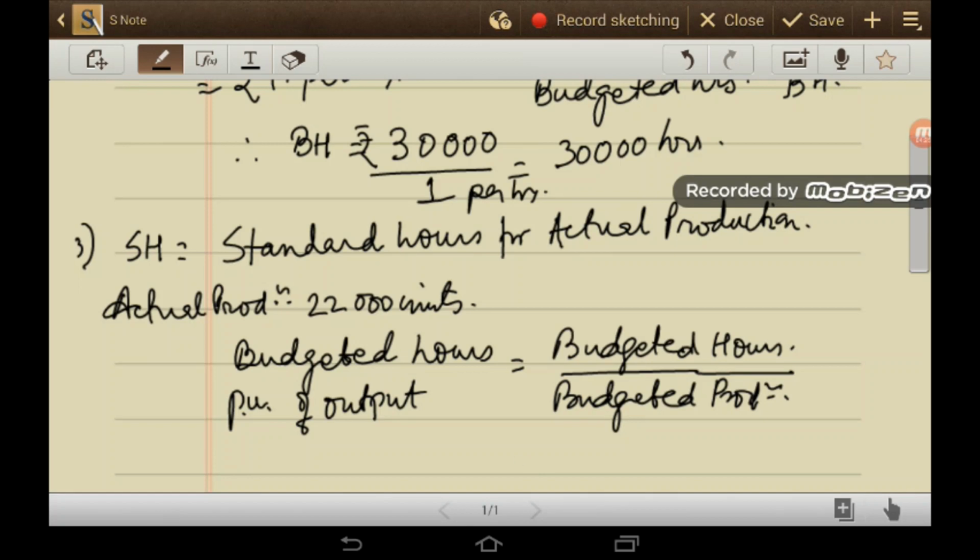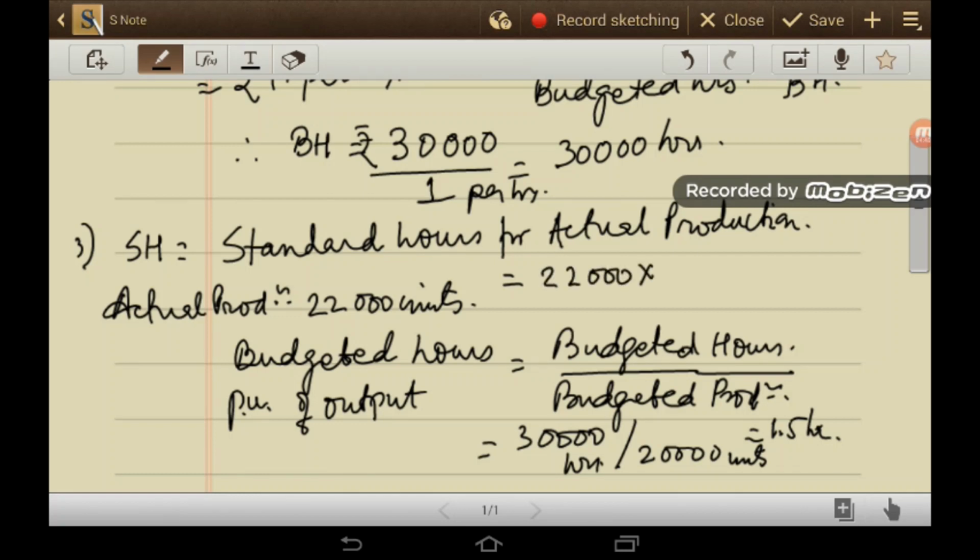So what is the budgeted hour? We have found out to be 30,000 hours, and budgeted production is given as 30,000. This is in hours and this is in units. So this is equal to 1.5 units per hour. So your standard hours for actual production will be 22,000, the actual production, and standard hour required for 1 unit of production is 1.5. So this is equal to 33,000 hours. So standard hours, third parameter we have found out.